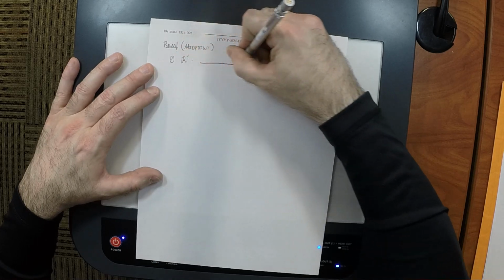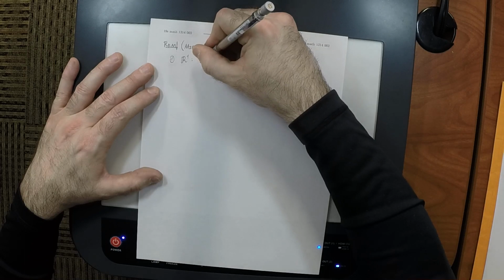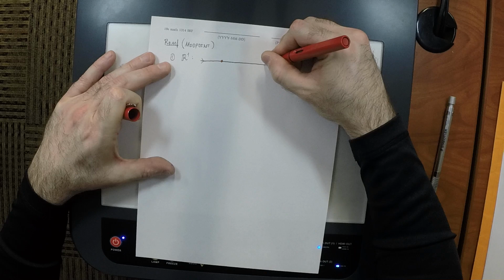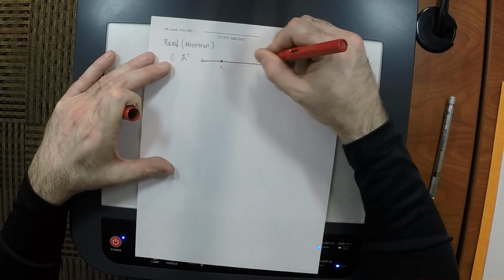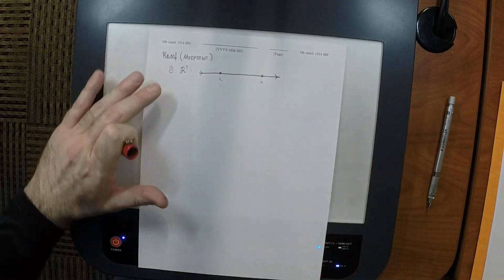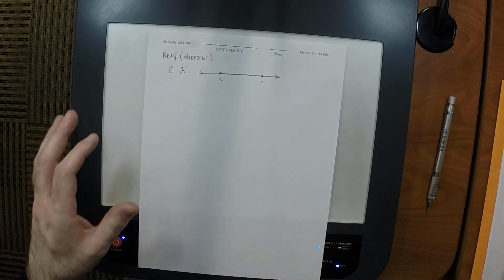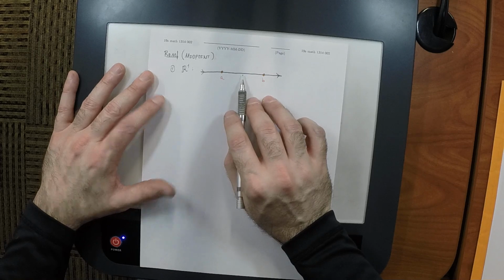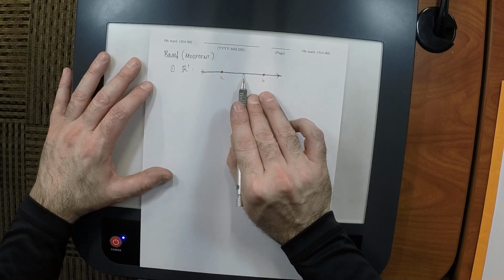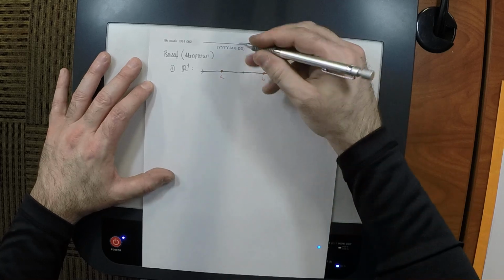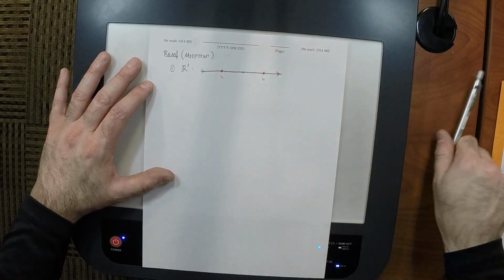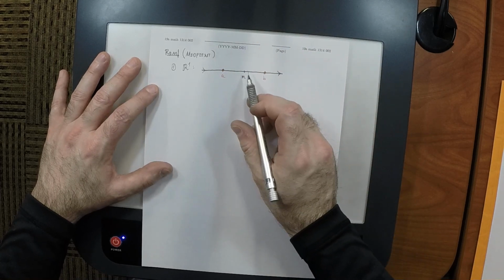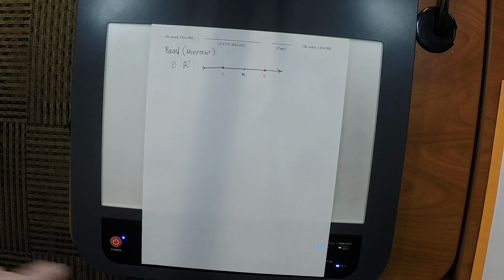If we have a one-dimensional world, and we have two points, A and B, then if we ask for the midpoint of A and B, what we're asking for is the point that's right in between them, halfway between the two. Just eyeballing it, it appears to be about right there. So M for midpoint, I guess. And then we want to figure out what's its formula.